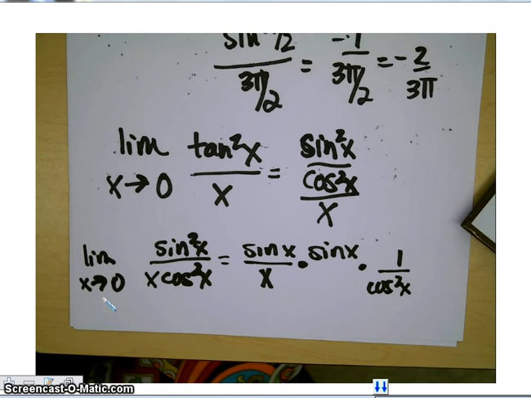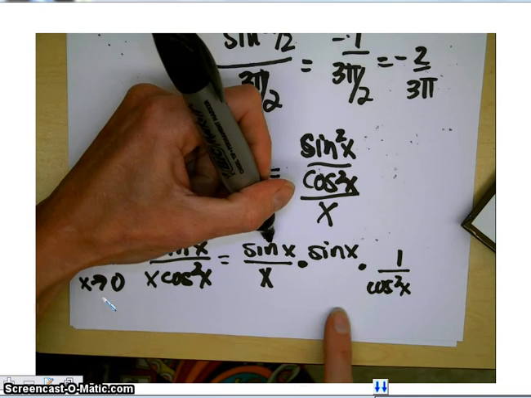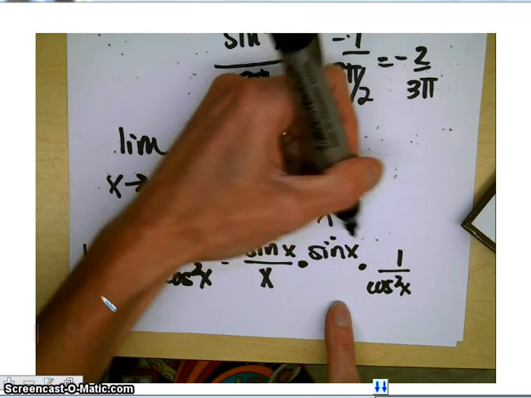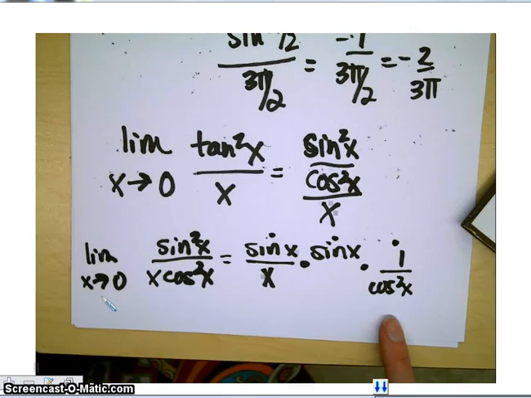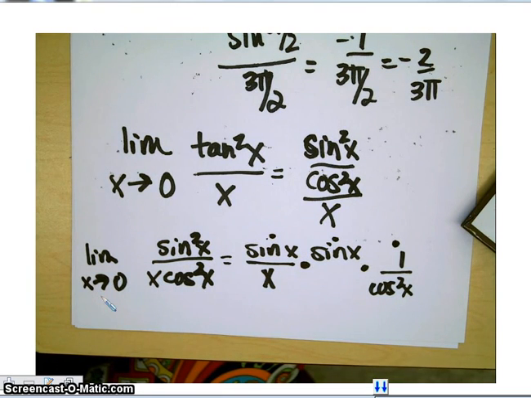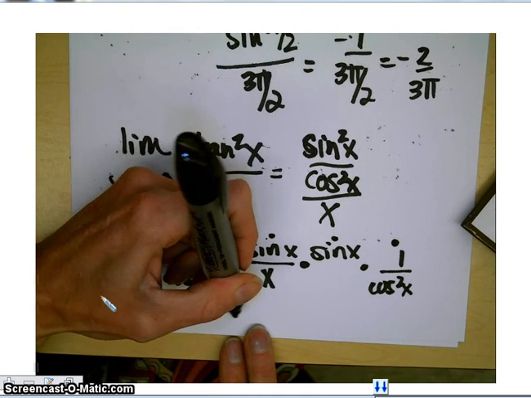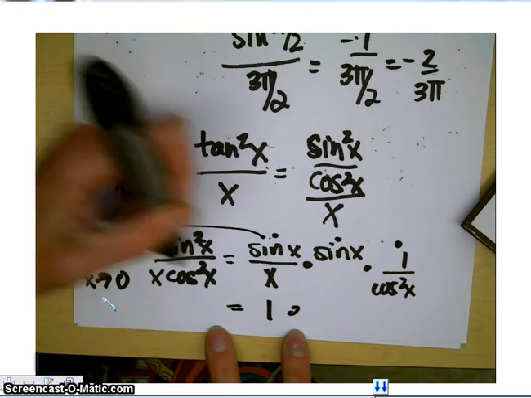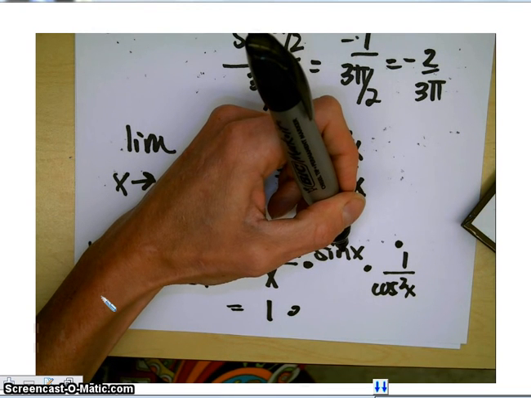So it's the same. Now the product property of limits says, if I have 3 things and I can find the limit as x goes to 0 of this, and this, and this, and they're all numbers, then I can multiply them together and get my whole answer. So what is the limit as x goes to 0 of sine x over x? It's 1. And the limit as x goes to 0 of sine x, can't I just plug 0 in? What's the sine of 0?